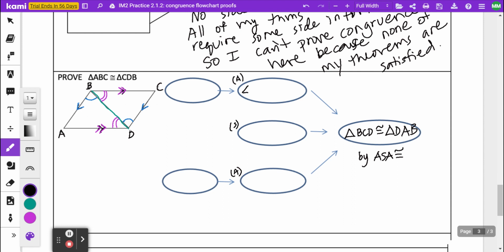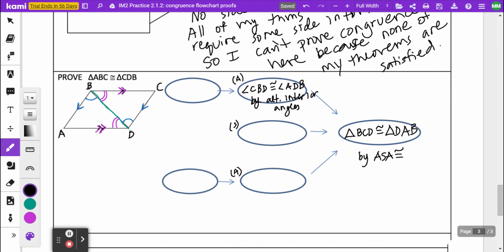Okay, so I'll start with angle CBD. Angle CBD is congruent to angle ADB by alternate interior angles. And anytime I'm using alternate interior angles, I need to add another piece of evidence.